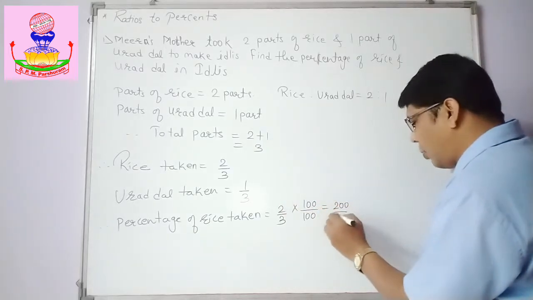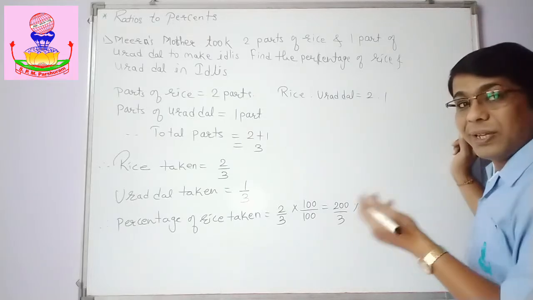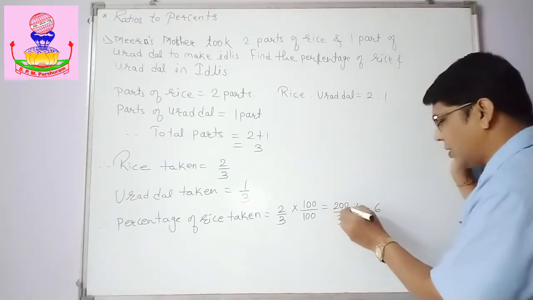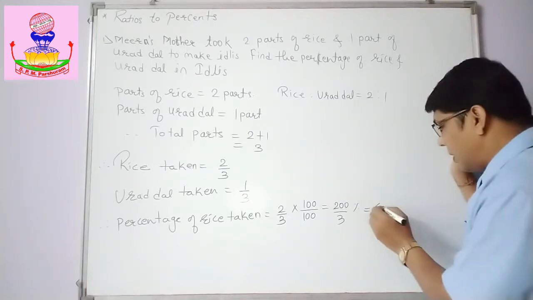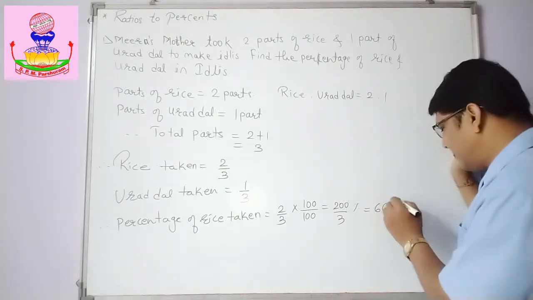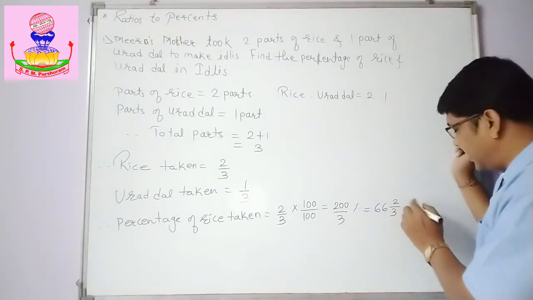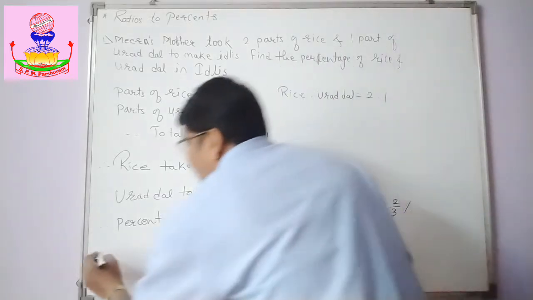So, 200 upon 3%. I have converted this to percent. Now divide it. 3 6 are 18, remainder 2. So, 20, 3 6 are 18, 2 remainder. So, 66 integers, 2 upon 3%.